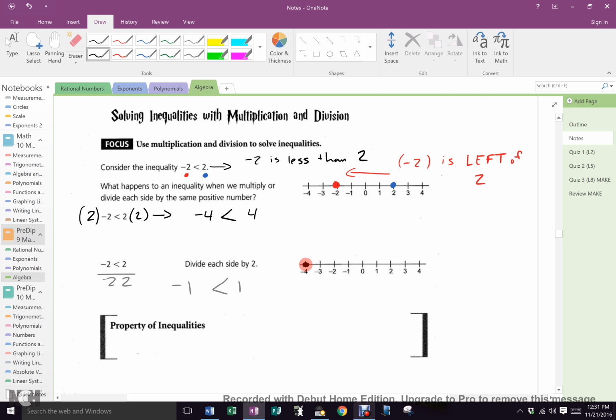Here is the one in black. Here is the one in gray. So, what is our rule? Multiply both sides by 2, or divide, it does not change. Same number on both sides.